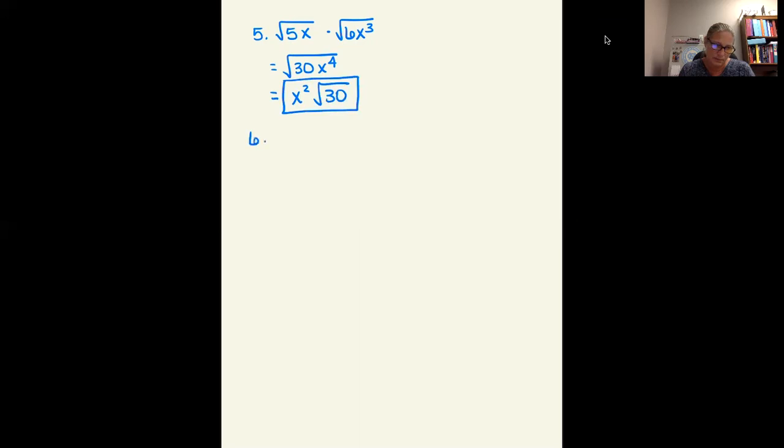And the last example, number 6, we're going to do another distributive property, the square root of 2x times the square root of 14 plus the square root of 6x.